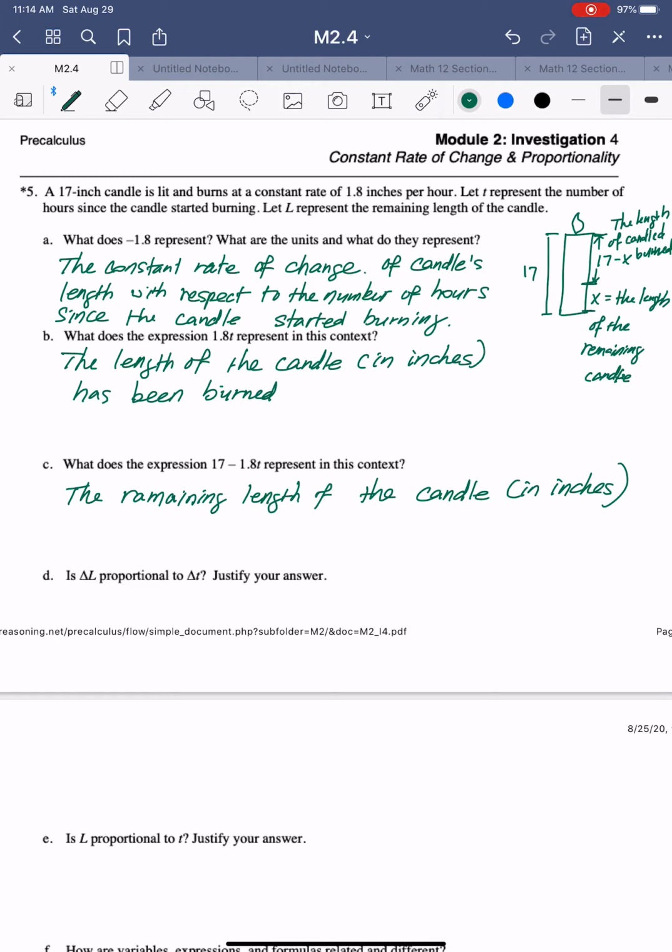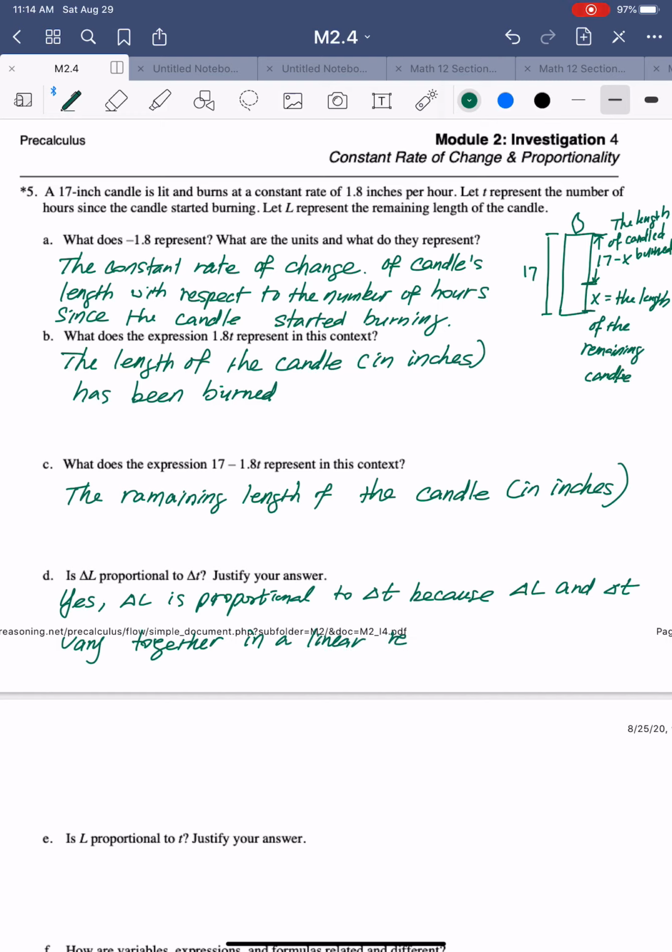So I want to say yes, delta L is proportional to delta T, because delta L and delta T vary together as a linear relationship.